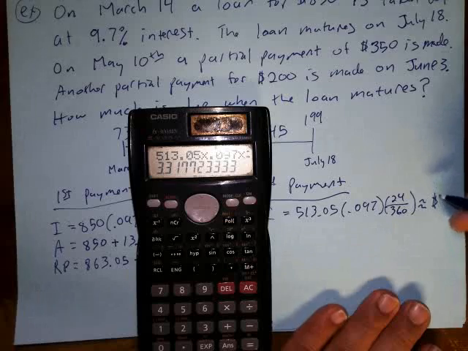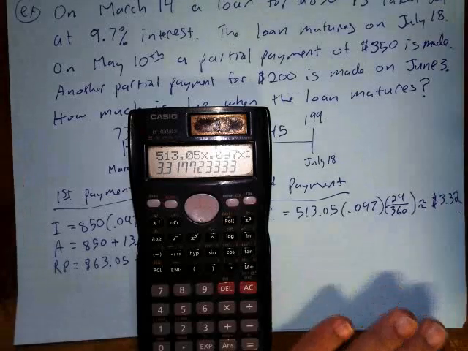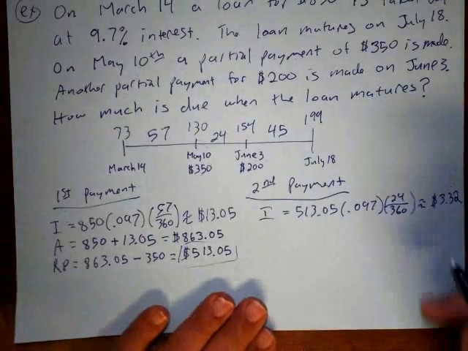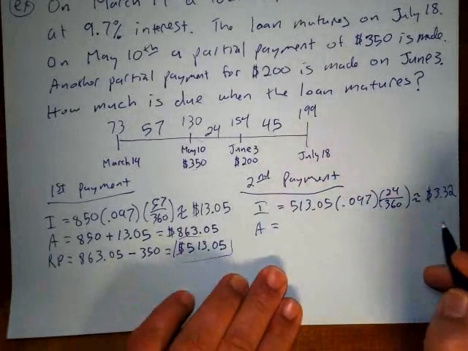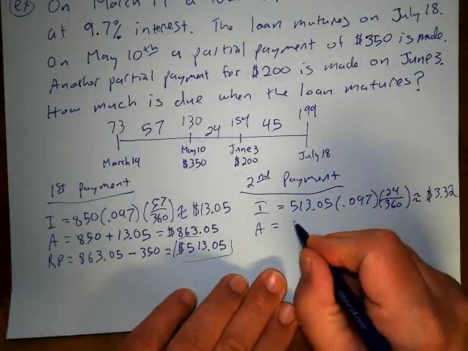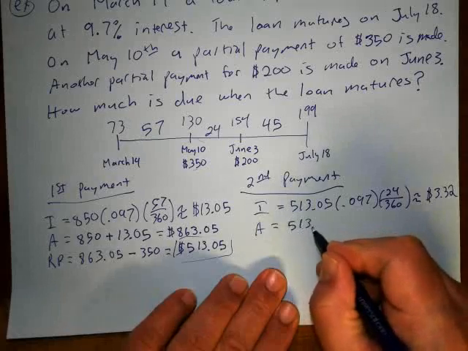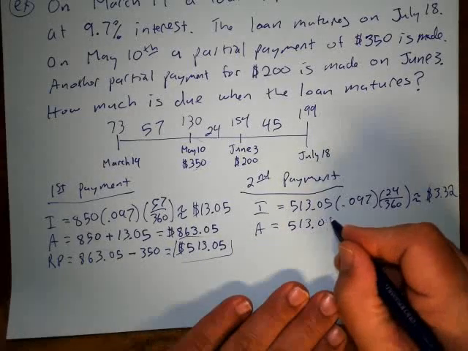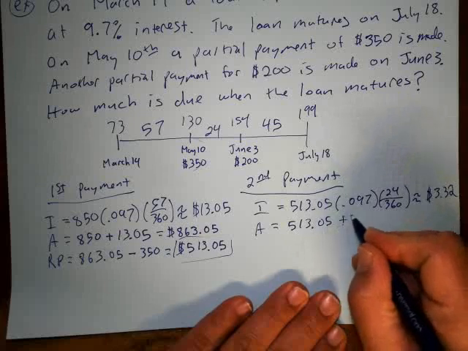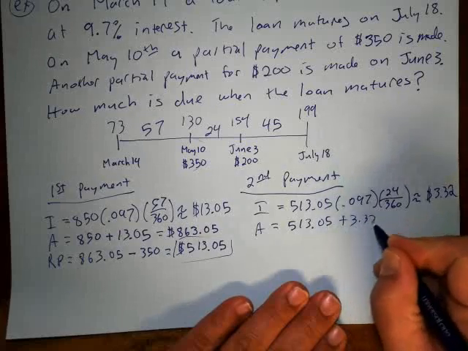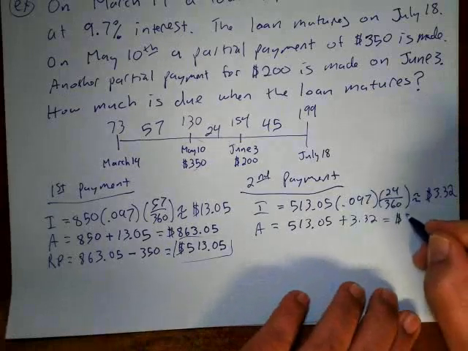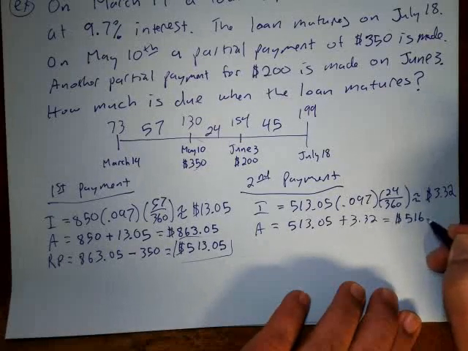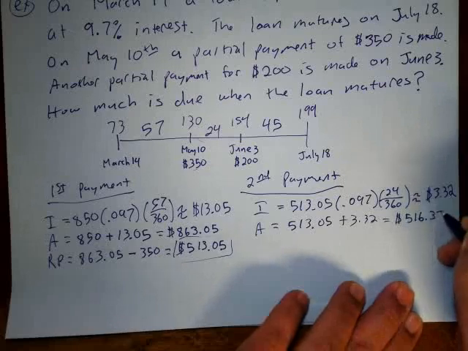And so this is $3.32 when I round to the nearest cent. Okay, so then the amount that I owe on the loan would be $513.05 plus the $3.32. I think I can do this one in my head. It would be $516.37.